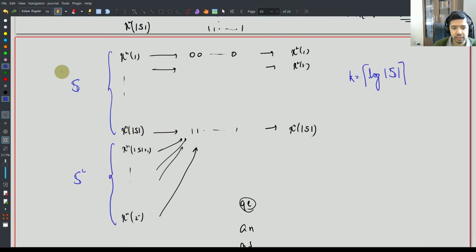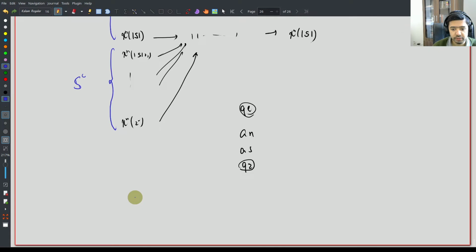Okay, so every sequence in S is reconstructed exactly without any error, whereas every sequence which is not in S is not reconstructed at all, and therefore will always be in error.